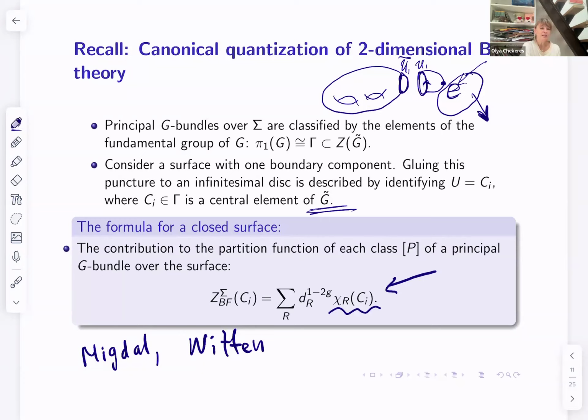And then Ci stands for an element of the subgroup of the center of the covering group for the gauge group.